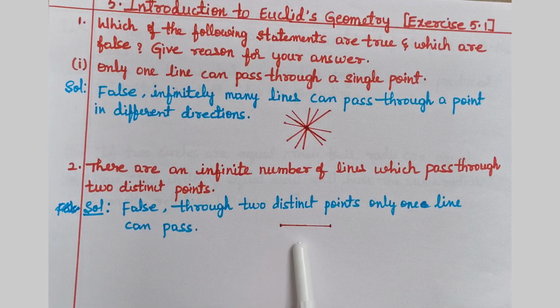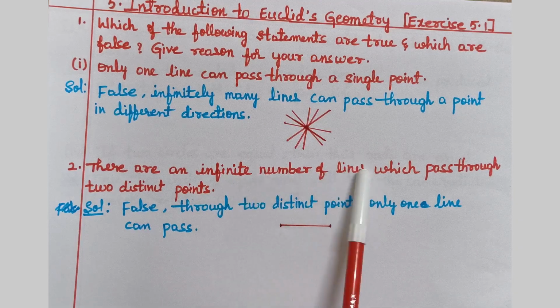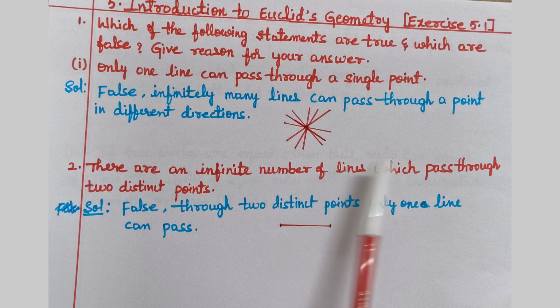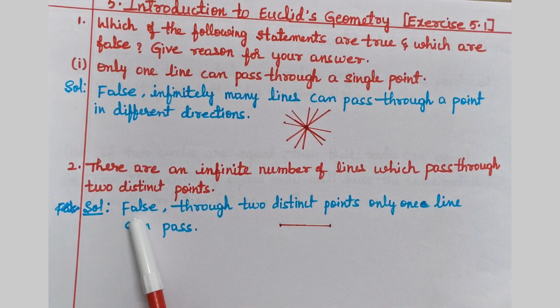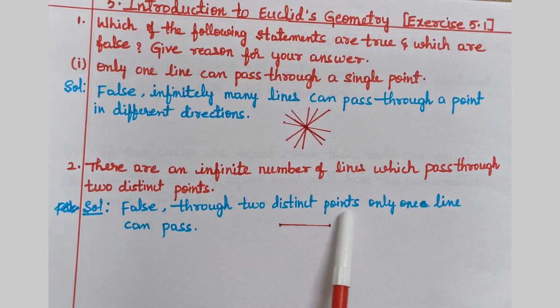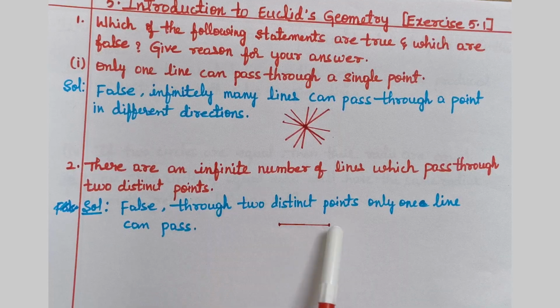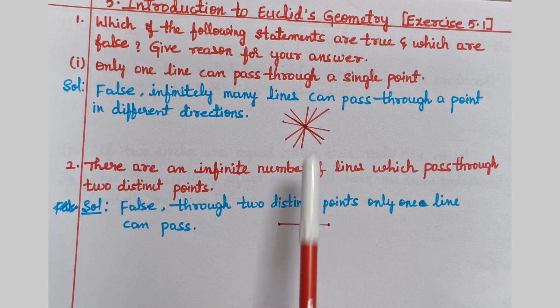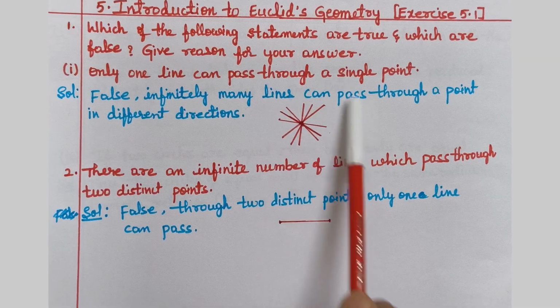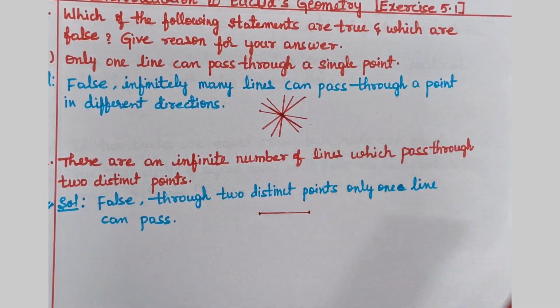Only one line is possible. So he is telling infinite number of lines, so it is false. You can write the reason: through two distinct points, only one line can pass. Through one point you can write infinite number of lines. This is the answer. Okay.